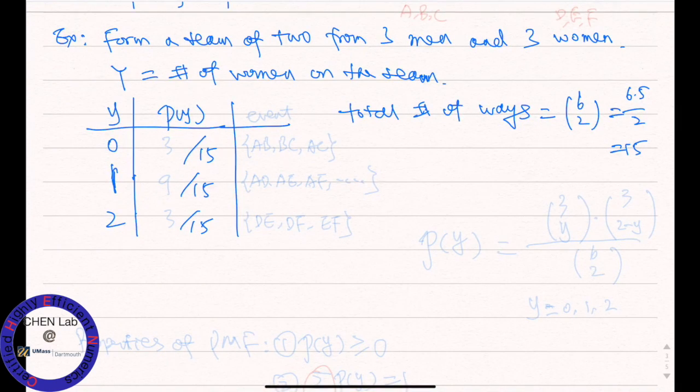And for Y to be 0, that means both men, right? And because we treat all the individuals differently, that's why we did 6 choose 2. So there are different ways to form a team of 2 guys.